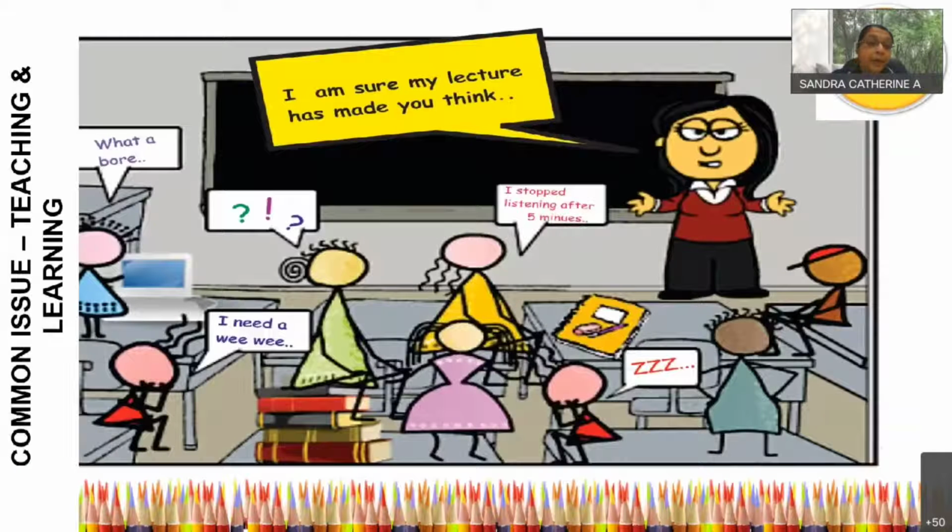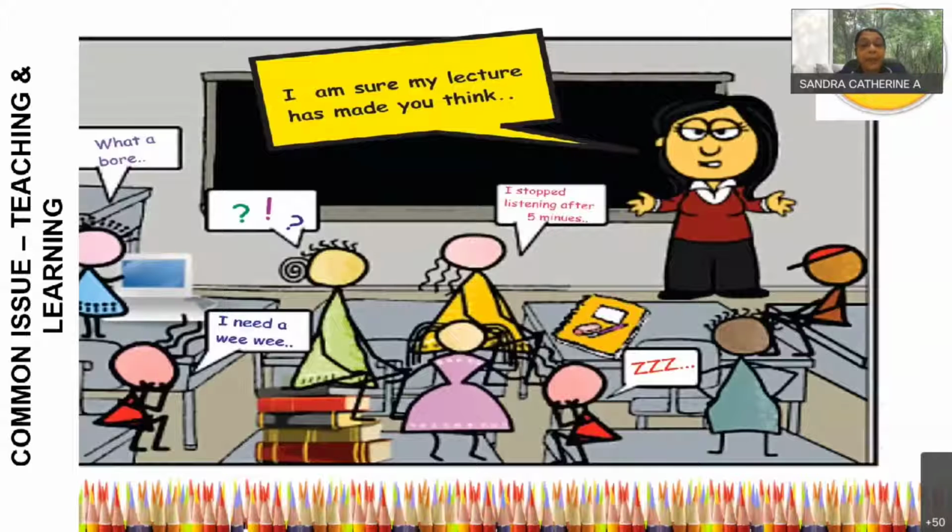So these are very common issues that we face in our classes every day. This is just a figure of that, because you can see what happens in our class. We can see some bored students. They are not paying attention. They have stopped listening. Some are even sleeping or thinking about other things in the class.